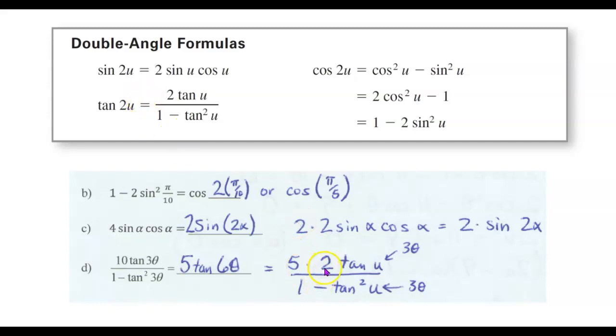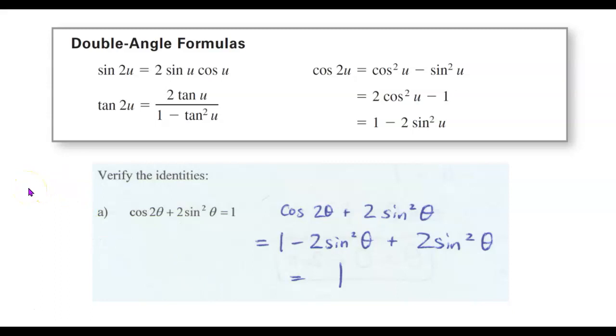So it's 5 times 2 times tangent u over 1 minus tangent squared u, with the part of u being played by 3 theta. And so the 5 just stays out there being a 5, and all of the rest of it is equal to the tangent of 2u, except, like I said, the part of u is being played by 3 theta, so 2 times that would be 6 theta. So we've simplified this to 5 times the tangent of 6 theta.